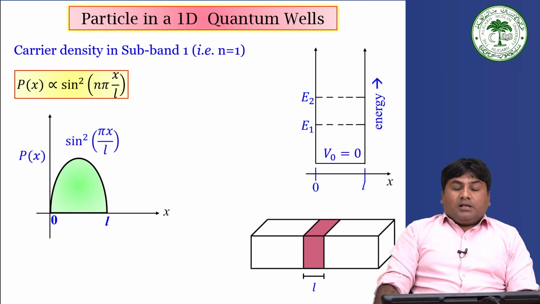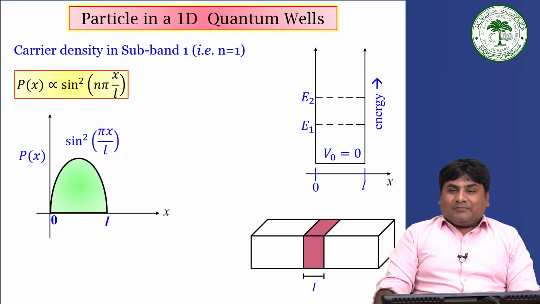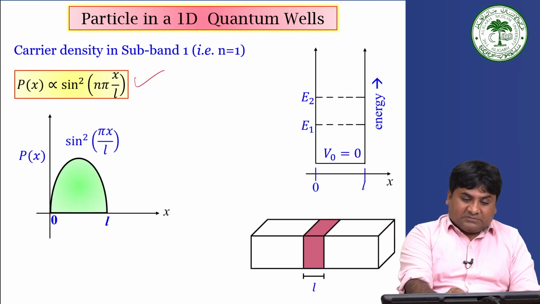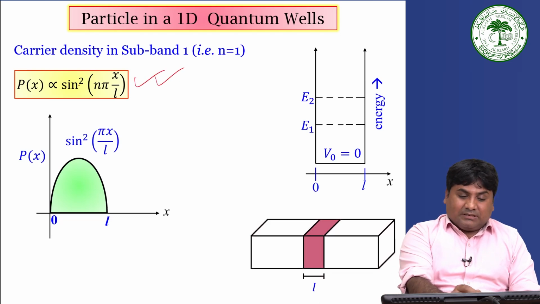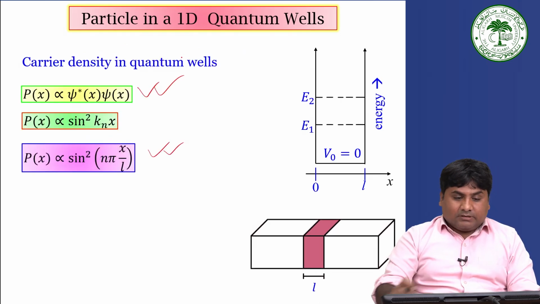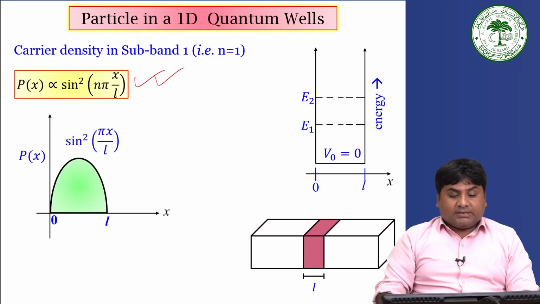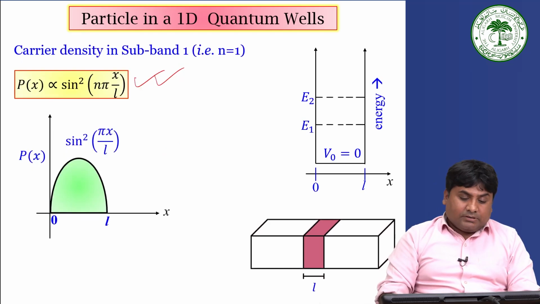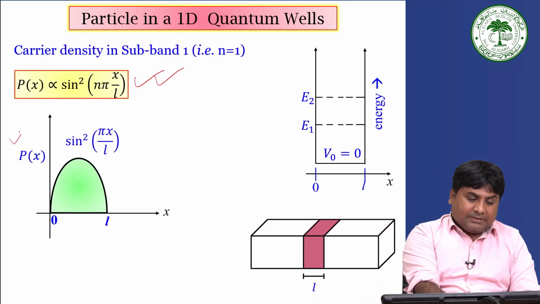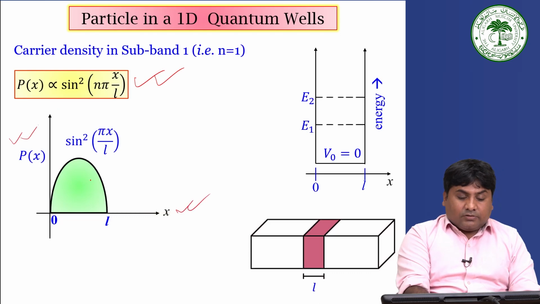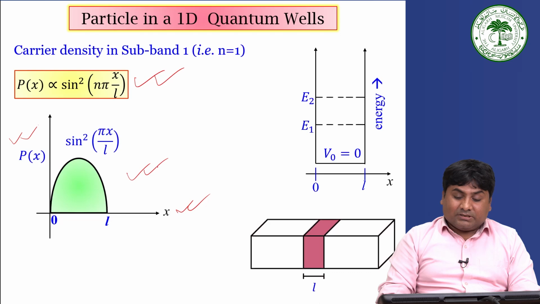So now you also know the features of the subband of this quantum well. This Px, as I already told you, is the carrier density in the quantum well, and when you plot Px versus x, you will get features like a particle in a one dimensional box.